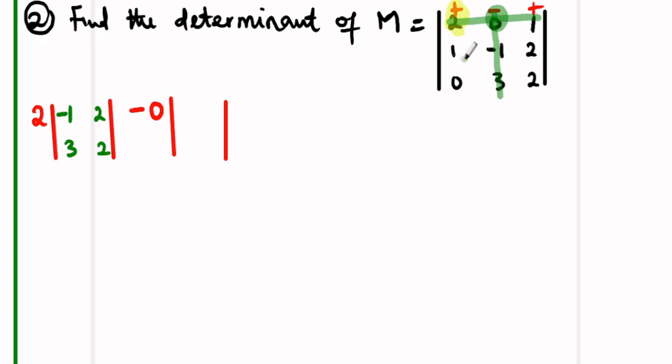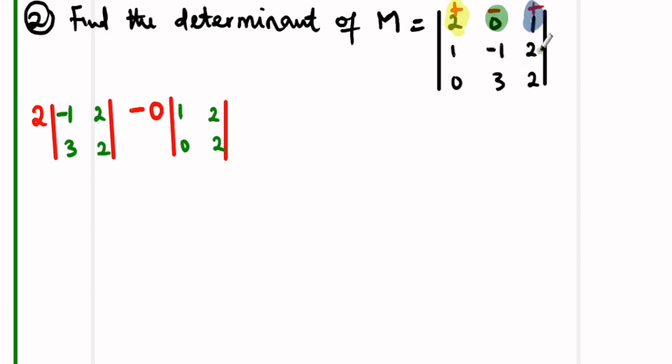So now we are left with 1, 0, 2, 2. Let's fill it up: 1, 0, 2, 2.